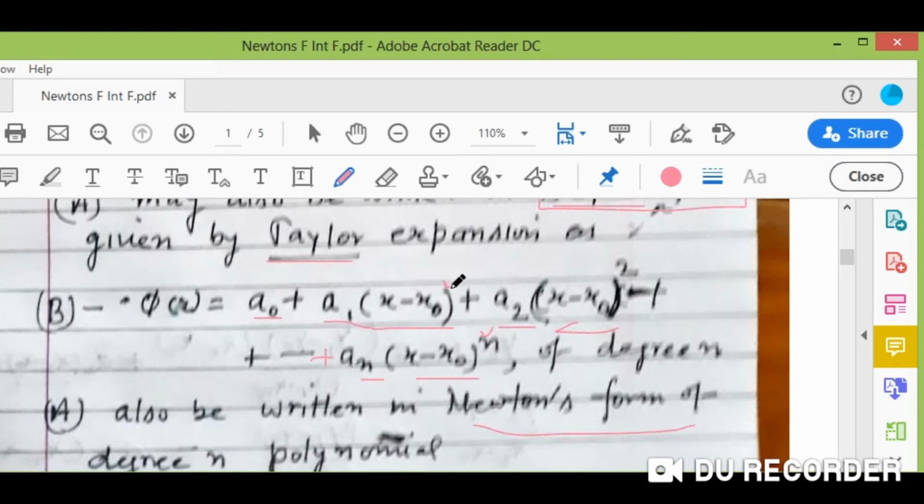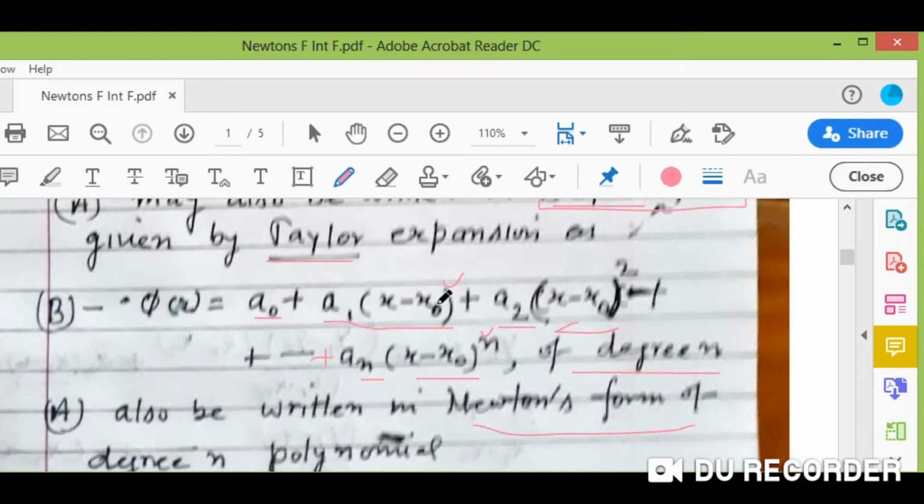So for one term it is x minus x naught, and for so on, you can put here an minus 1 times (x minus x naught) to the power n minus 1, up to degree n. This is the shifted power form polynomial suggested by Taylor.